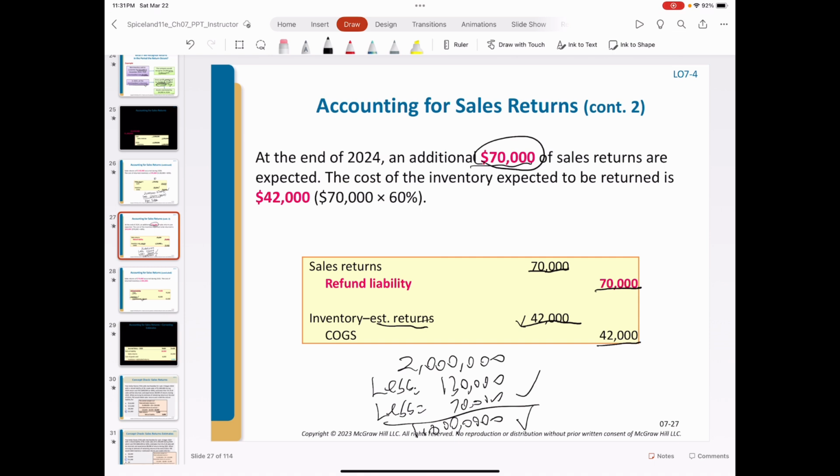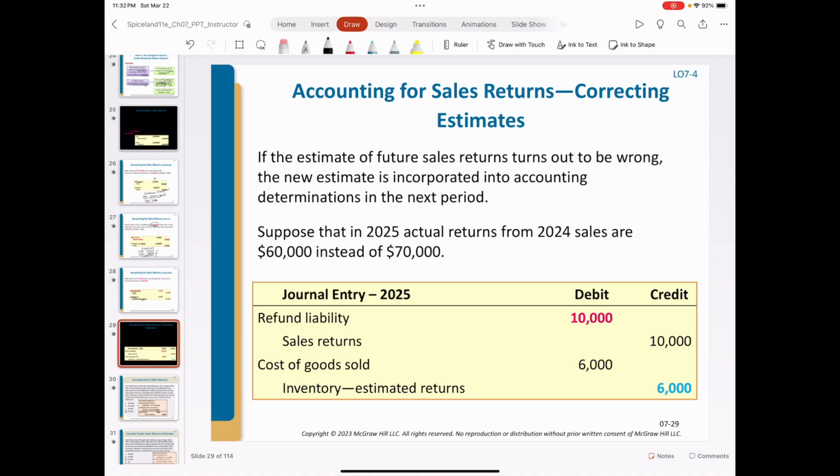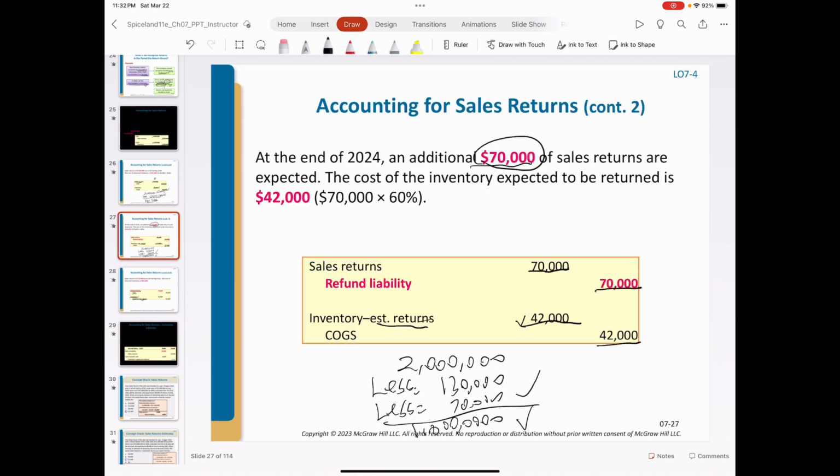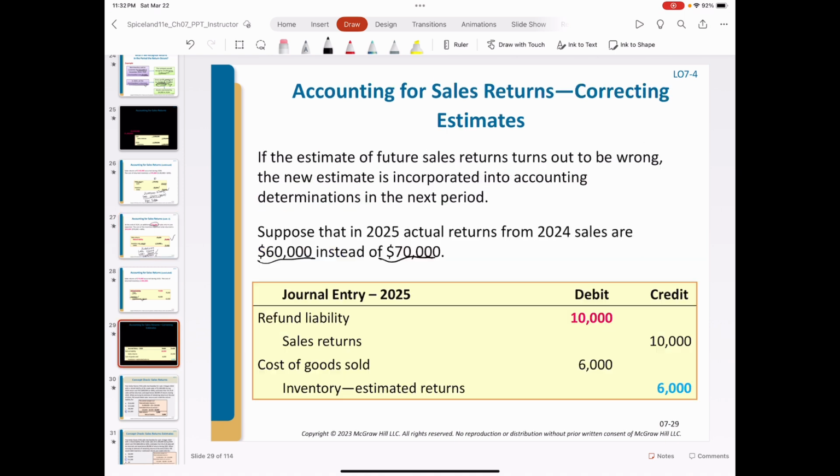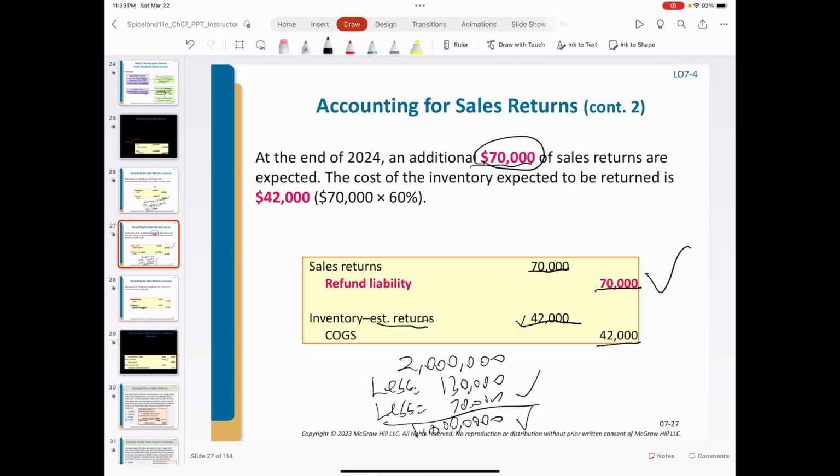Remember that in this slide, the $70,000 return was expected. If the actual return was $60,000 instead of the expected amount, we should incorporate the difference into accounting determinations in the next periods. Following this journal entry, we will debit refund liability and credit sales return. Liability will reduce to $60,000. Similarly, we should also debit cost of goods sold and credit inventory estimate return.